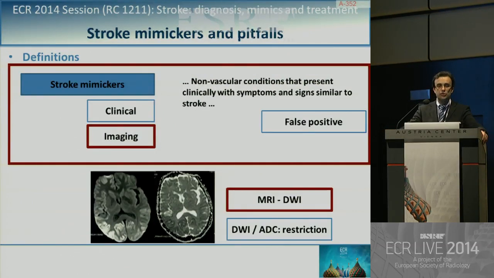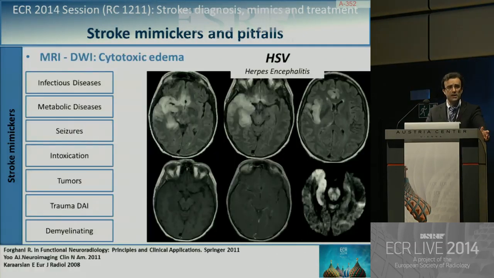Okay, this you are more familiar with. So you know that not only stroke can give you cytotoxic edema, and cytotoxic edema, as we have seen in the previous talk, can also be reversible. So briefly, there is a large number of causes of cytotoxic edema that you should remember. Let's see just some of the most common ones.